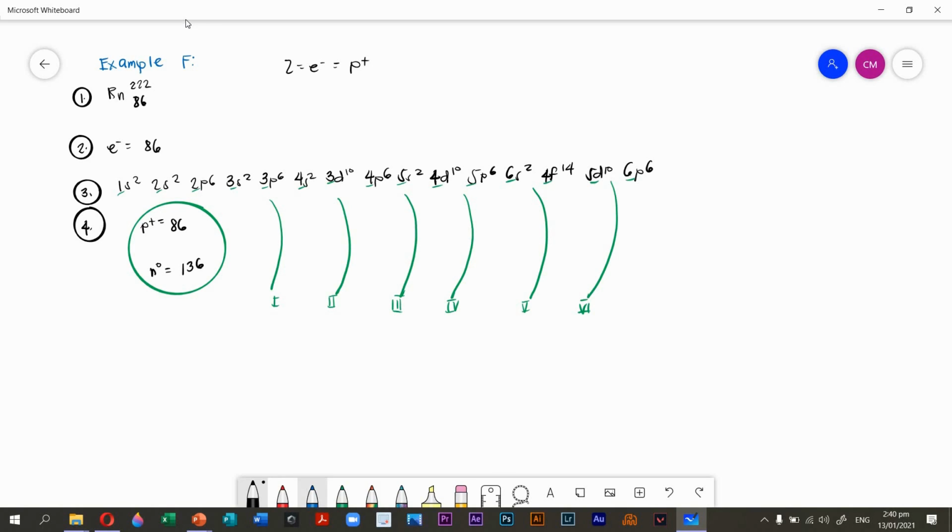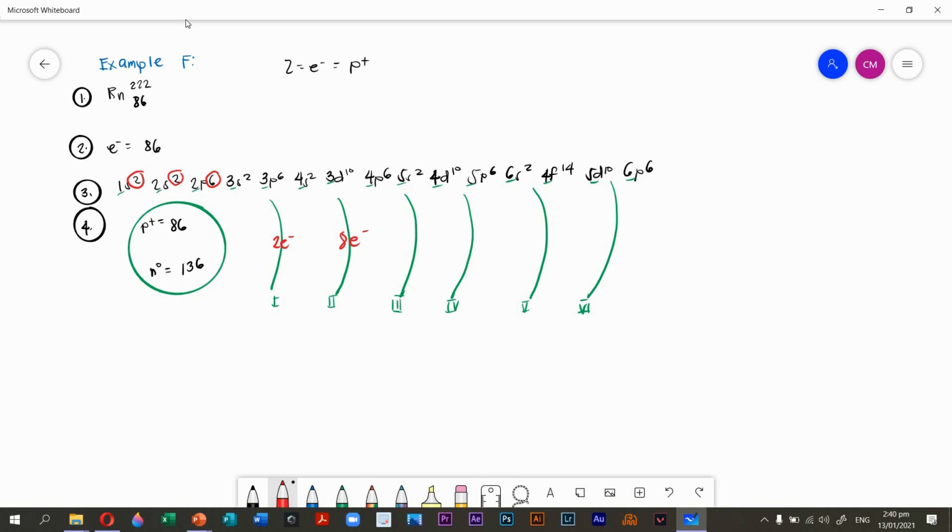Okay, so now for the number of electrons in each energy level, let's focus first with 1. There will only be 1. One for the first energy level. So there will be 2 electrons. So 2 electrons. For the second energy level, we have 2s2 and then 2p6. Okay, so there will be 8 electrons.